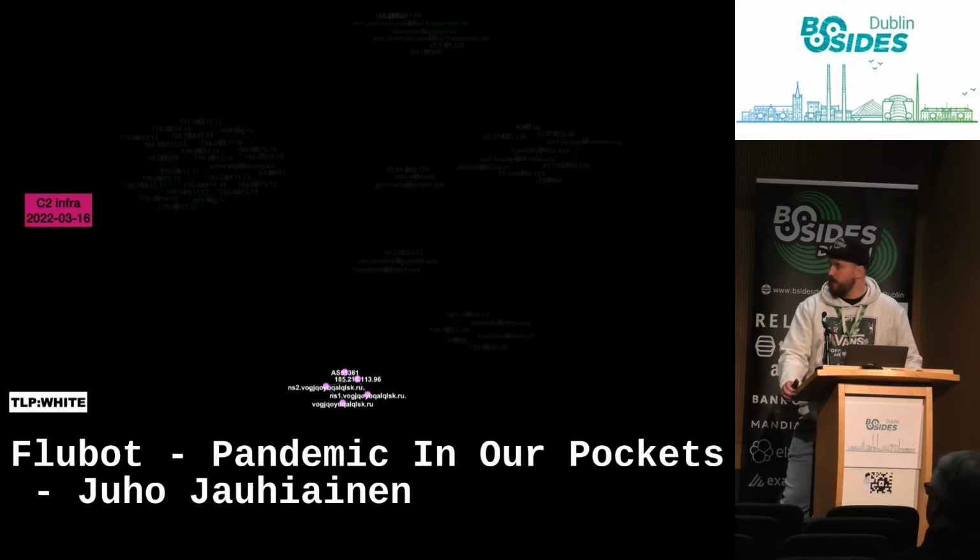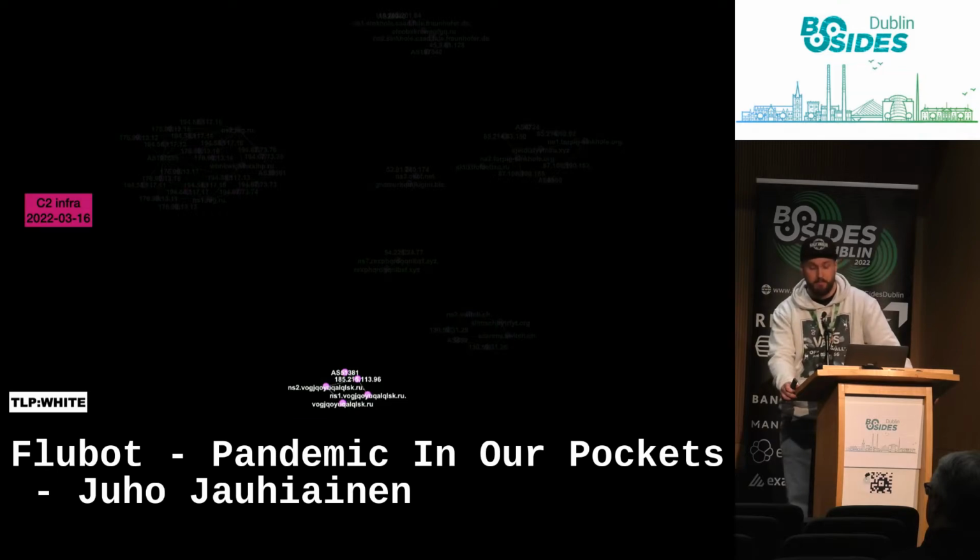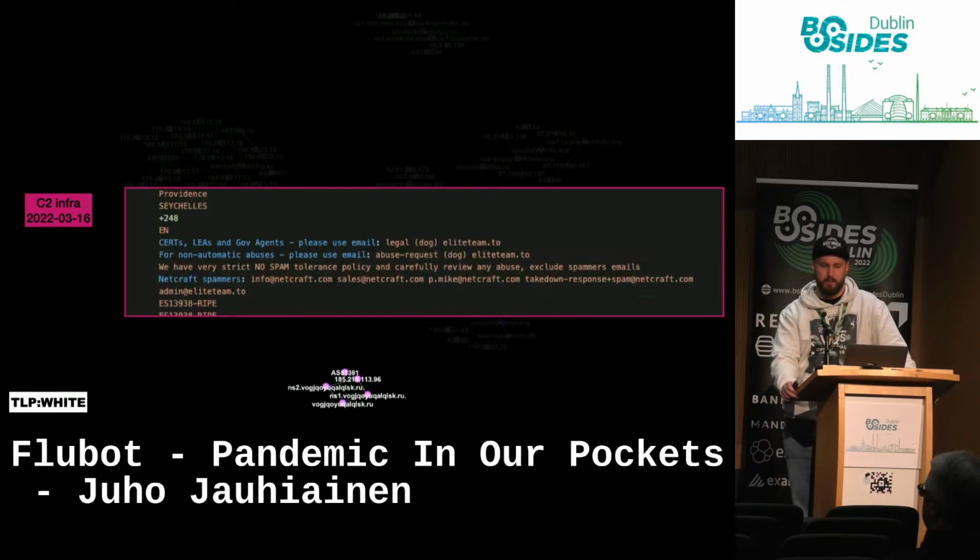This one is actually the real deal. This is the active C2, or was the active C2 a few days ago. If we look at the AS number, it's this. I don't recall which country it was, but some African country which gives routing services for everyone, and it's called Elite Team.